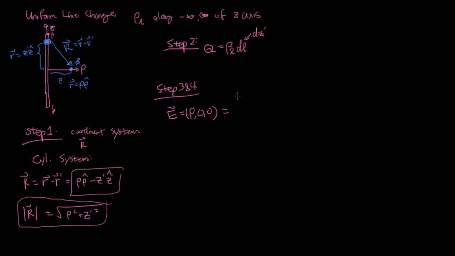So that integral is going to be a line integral, and you have the charge density, this constant, and then we're going to have the R magnitude squared, so that's going to be the square root of rho squared plus z prime squared, and then times the unit vector, which is rho rho hat minus z prime z hat, all over another factor of the square root of rho squared plus z prime squared.